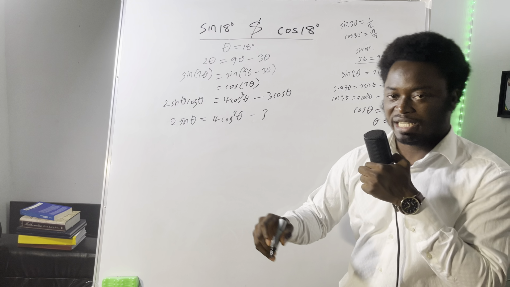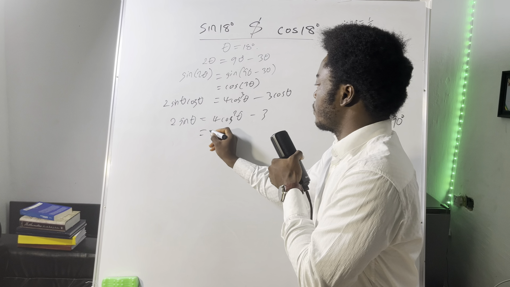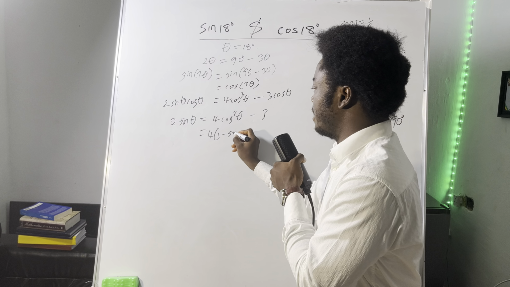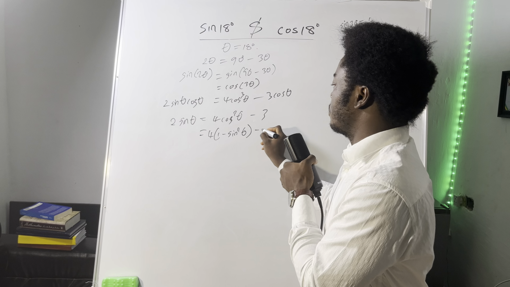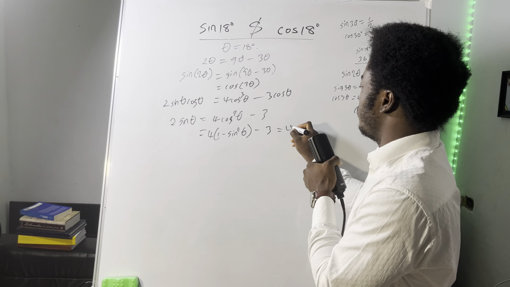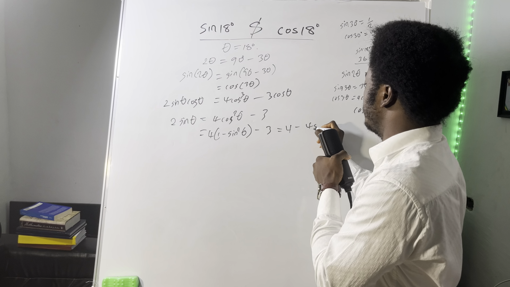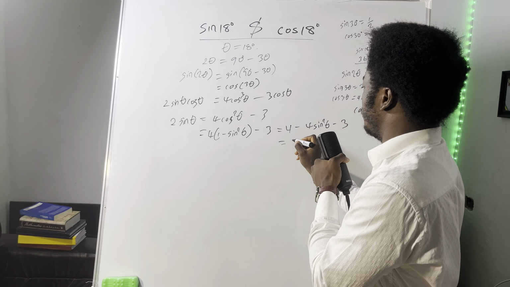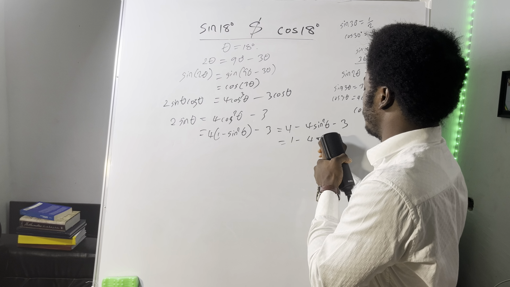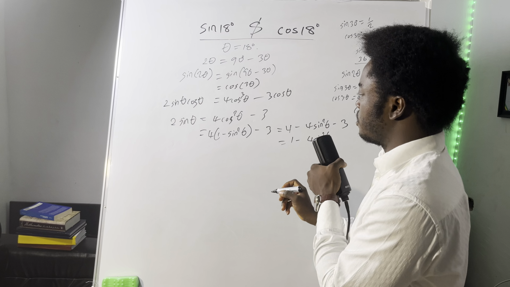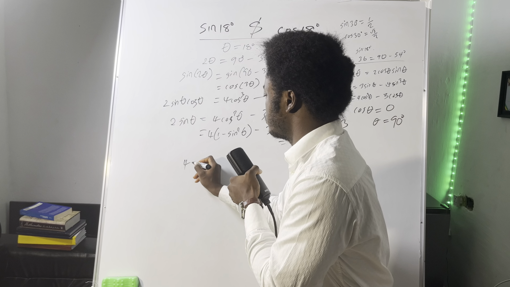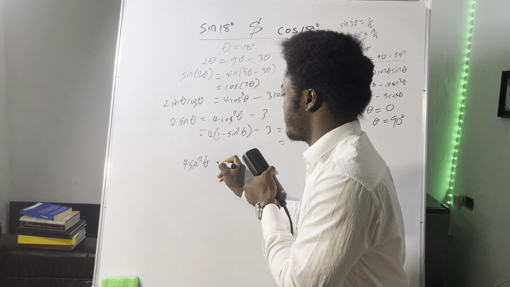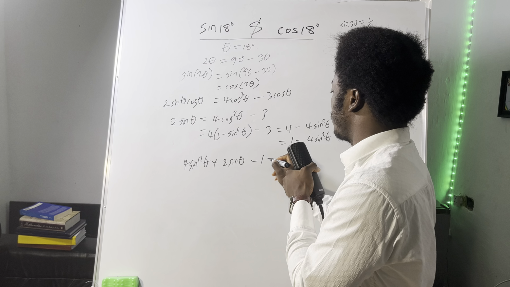Now let's put everything in terms of sine theta. That will give you 4 times 1 minus sine square theta minus 3, which will be 4 minus 4 sine square theta minus 3, which will be 1 minus 4 sine square theta. So that means we have 4 sine square theta plus 2 sine theta minus 1 equals 0.